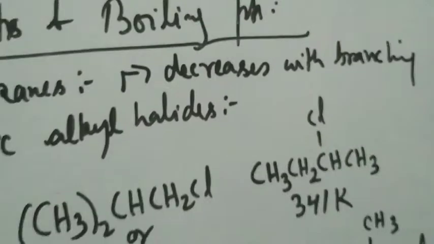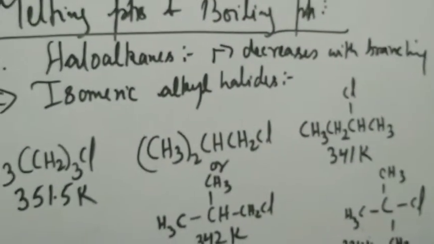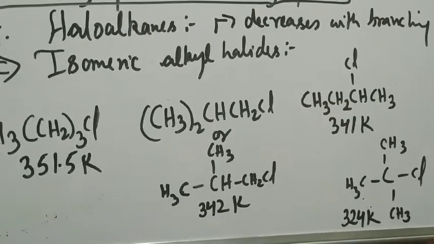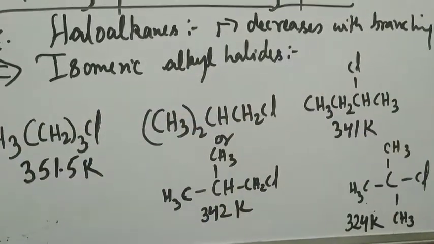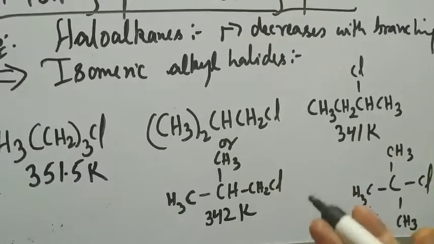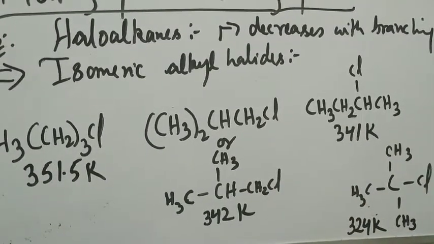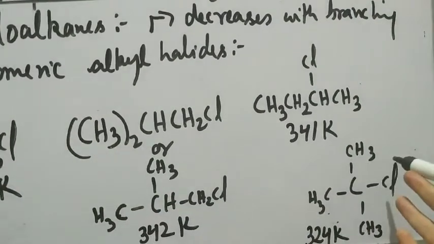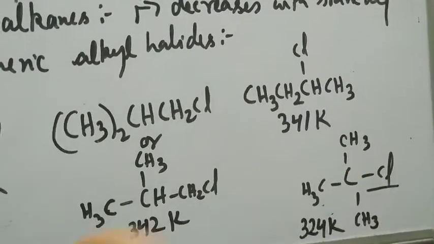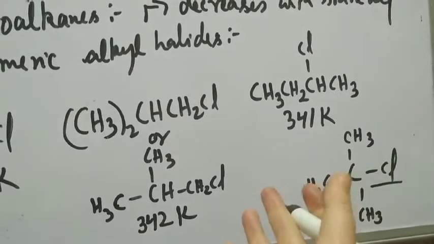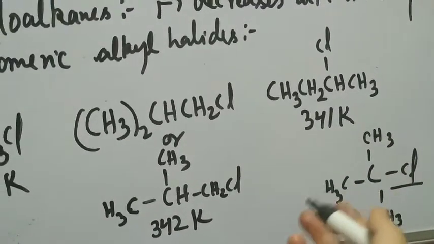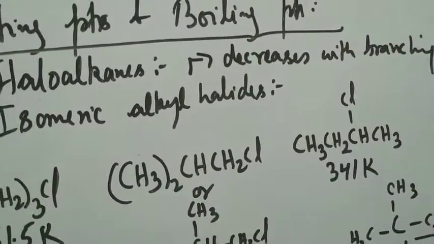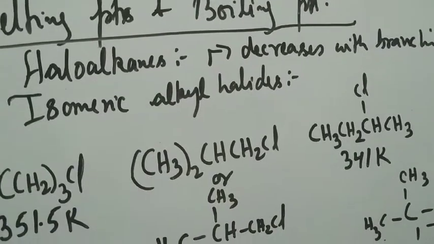Why does it happen? Again, I told you, for boiling point and melting point, what is the main parameter? Intermolecular interactions. When branching takes place, the magnitude of those intermolecular forces of attraction decreases. There's a hindrance. There is so much branching here that interaction of this polar bond with another molecule is hindered. Since that happens, there's a decrease in the intermolecular force of attraction, and a decrease in their boiling points.